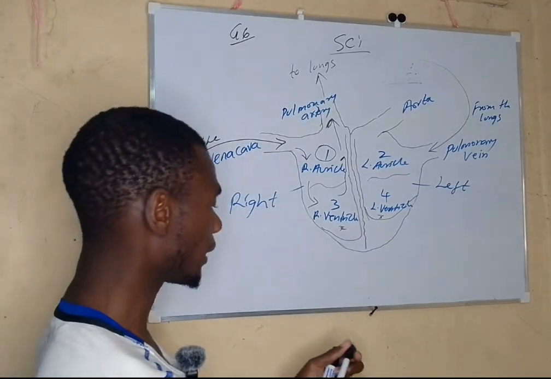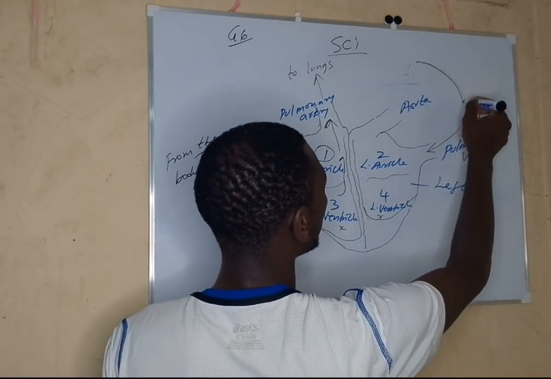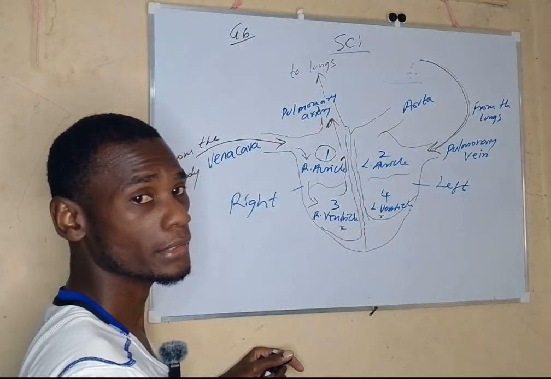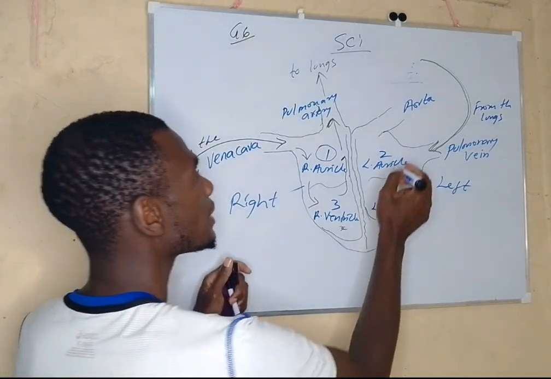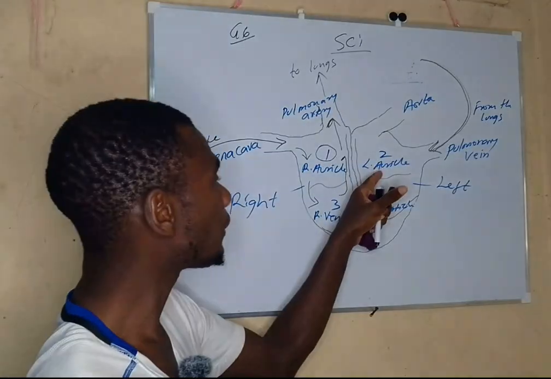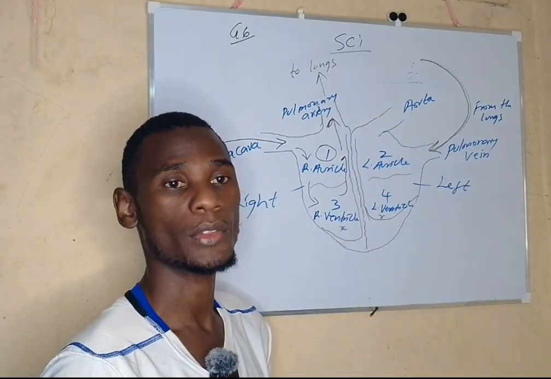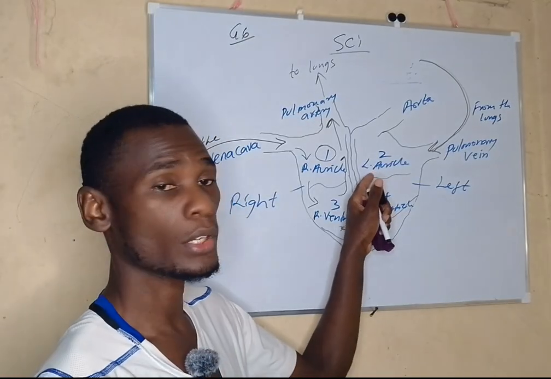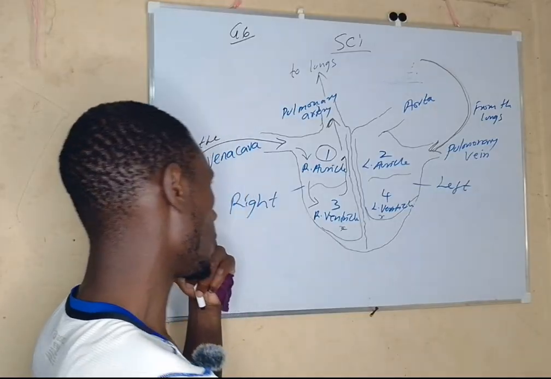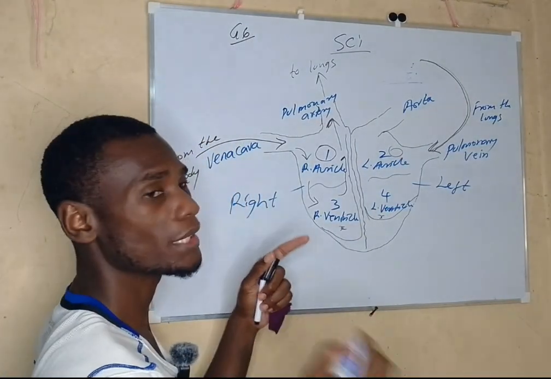So look at the flow again. It comes from the lungs, gets in through the pulmonary vein. I say the work of the auricles is to receive. So the left auricle receives that blood from the lungs, and it will do the same thing.